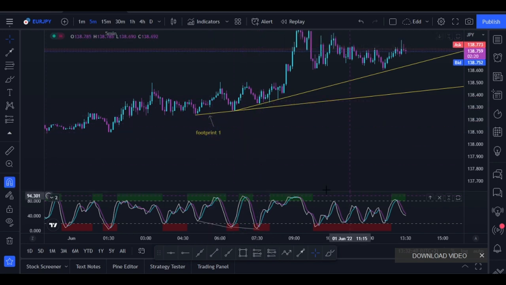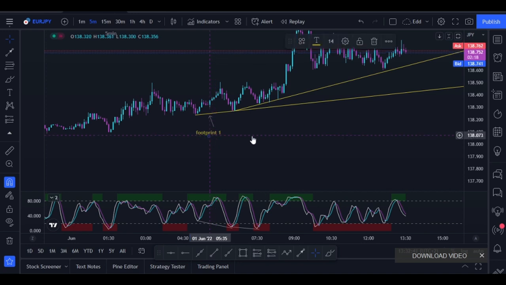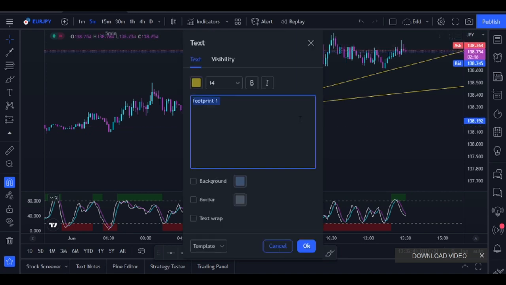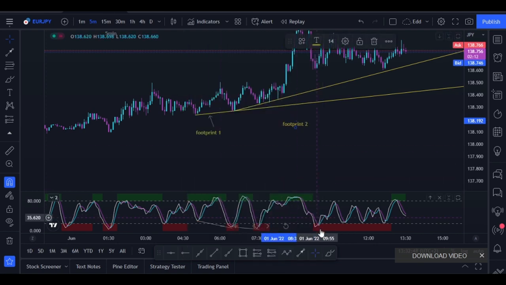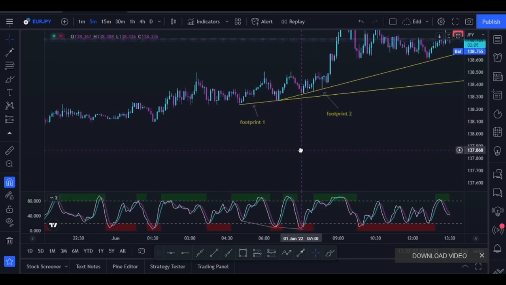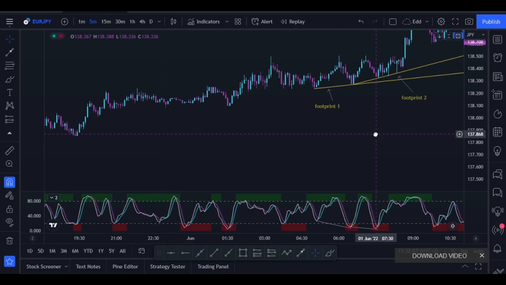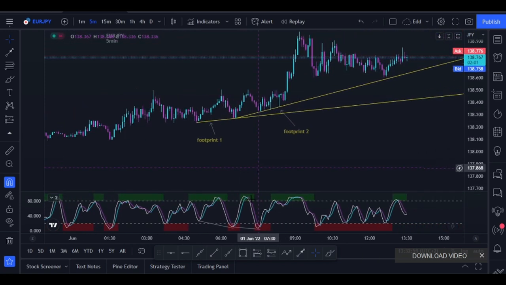Just a little lower, right there. Perfect. And then just move. Okay, let's go and make this footprint number 2. Okay, and let's just draw a line here to the second footprint, which is that one there. Okay, those are the 2 footprints I saw in the morning.